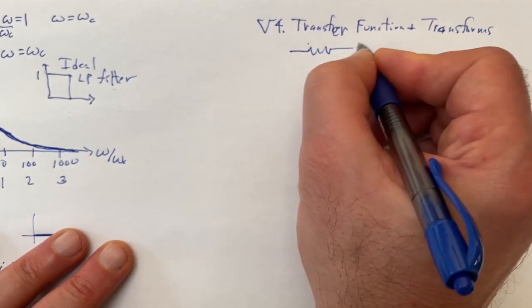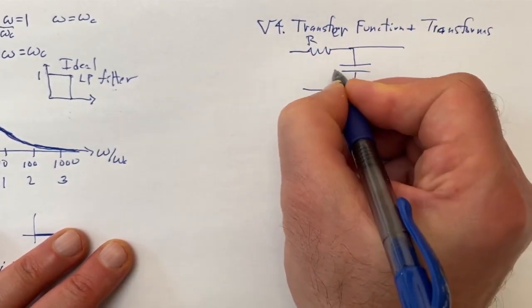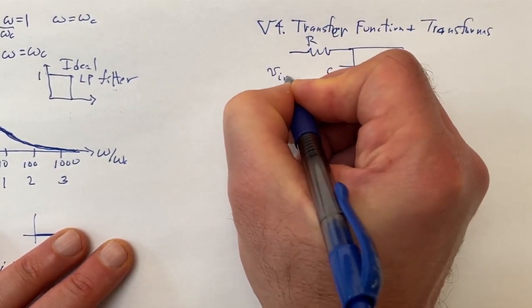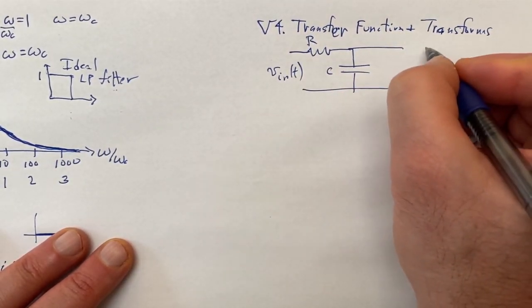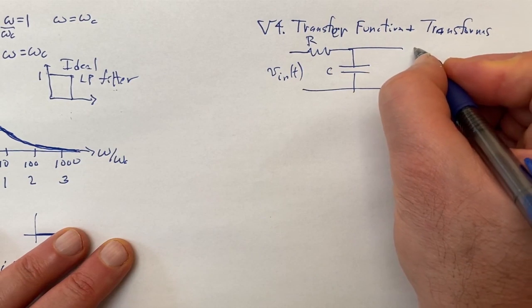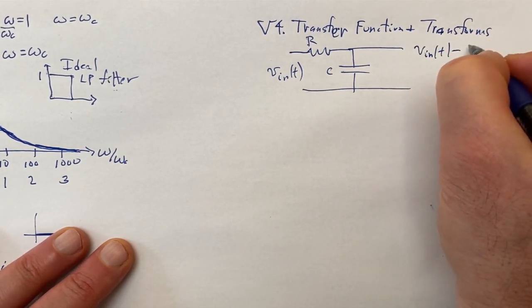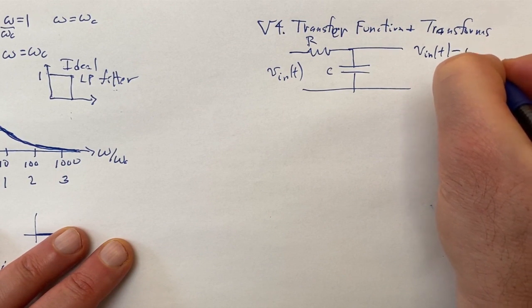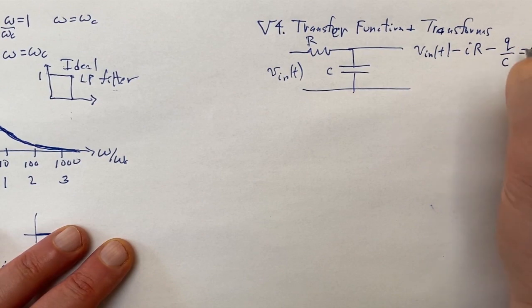So here's your resistor, here's your capacitor, here's R, here's C, and say here's the V in, a function of t. And if you wanted to do Kirchhoff's loop rule, you would say V in of t minus the current times R, and then minus the voltage across the capacitor, equals 0.